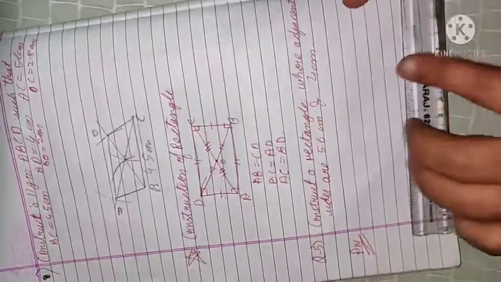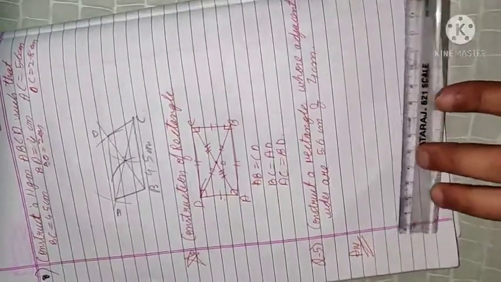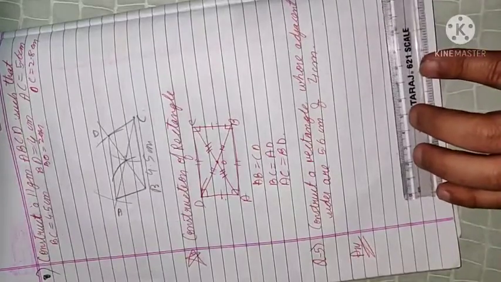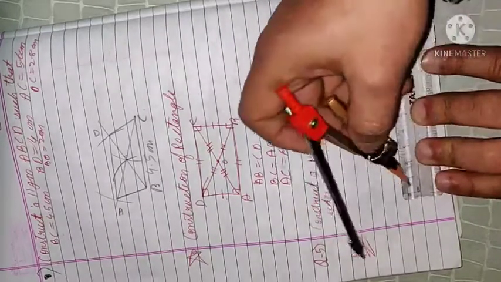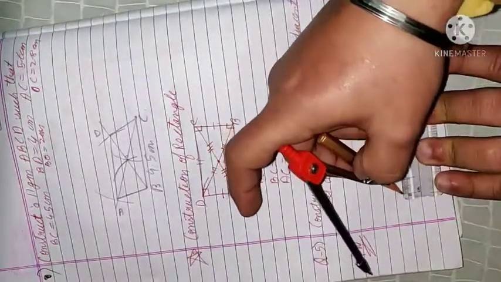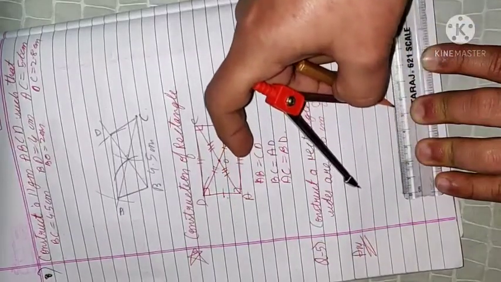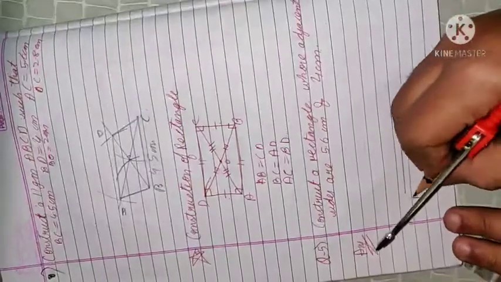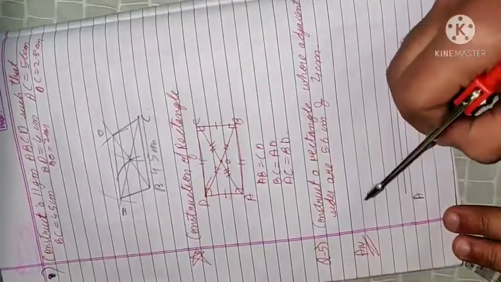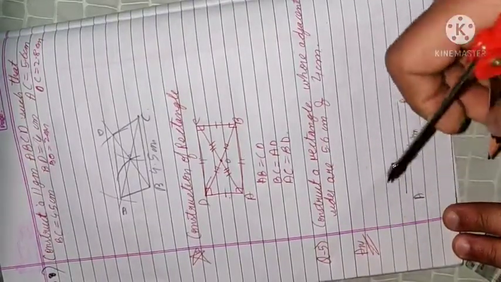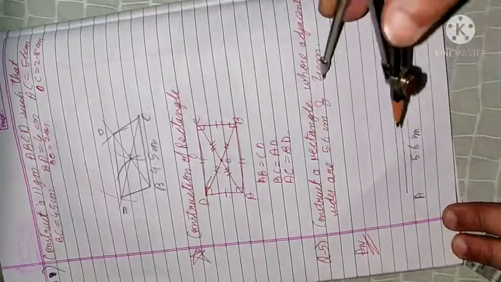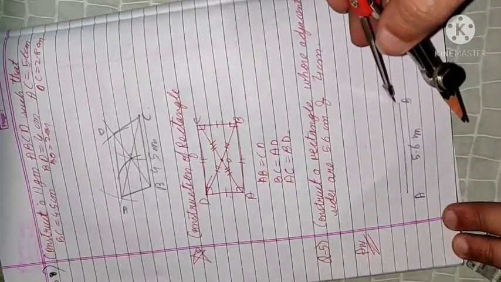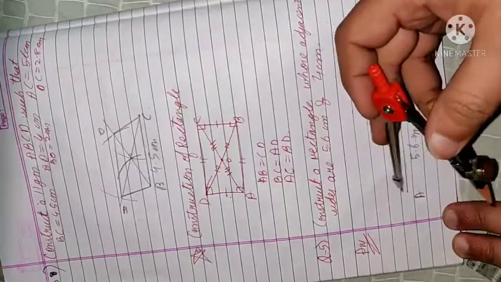So we will construct the length at the bottom first, that is 5.6 centimeters. We will write it as AB. Now this adjacent side, BC and AD, are both 4 centimeters.